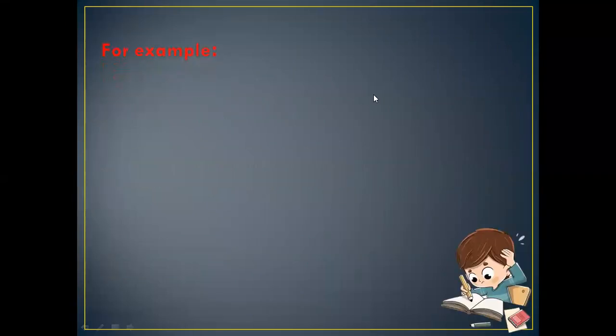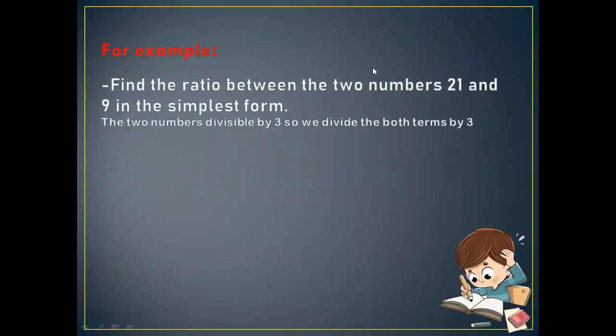Let's go for an example. We have to find the ratio between two numbers. The first number we have is 21. Be careful, there is an order in the question. We start with 21, so I will write 21 first.